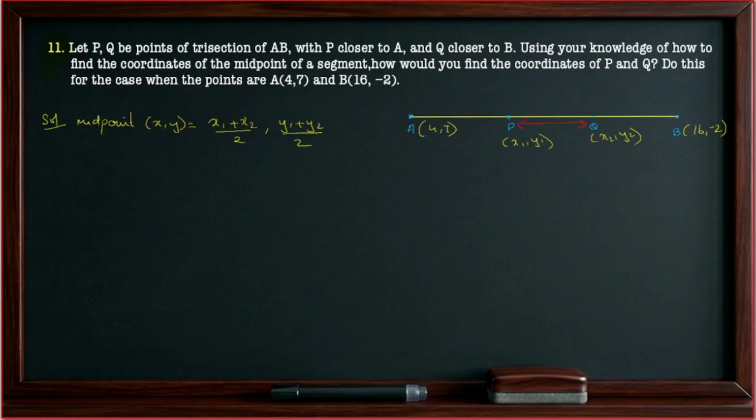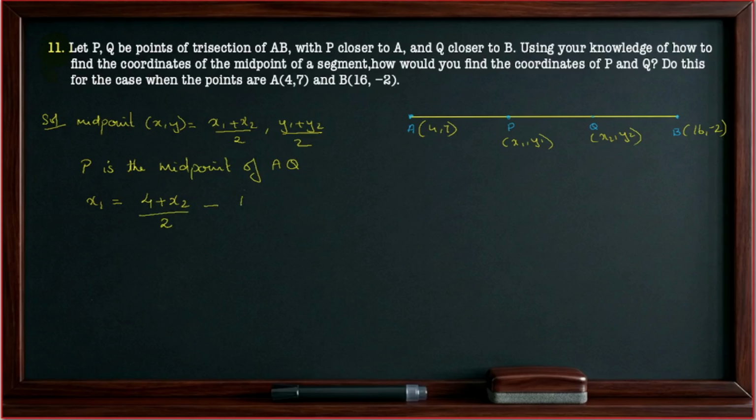Okay. So here if you're taking the line segment AQ, AP and PQ distances are equal and here P is the midpoint. So we can write P is the midpoint of AQ. So x1 is equal to, taking the x of A and x of Q, we can write it as (4 + x2)/2.